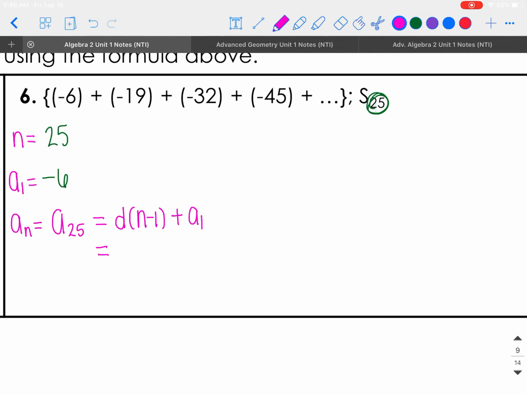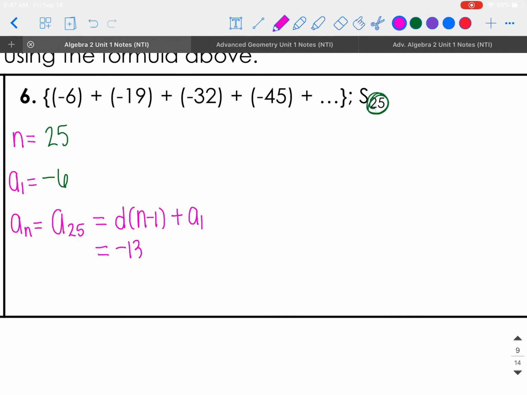So let's look at our common difference. This one looks a little harder. You may not be able to figure it out just by looking at it. So the way that you can find the common difference is you take some term, any term, -19, and you subtract the one before it. So -19 minus -6.